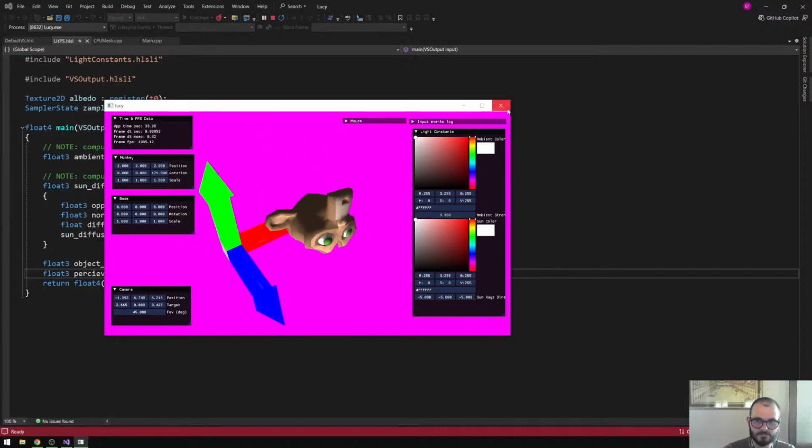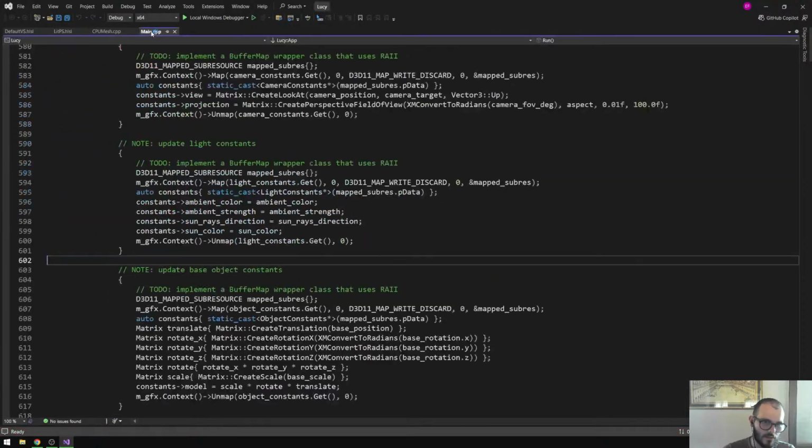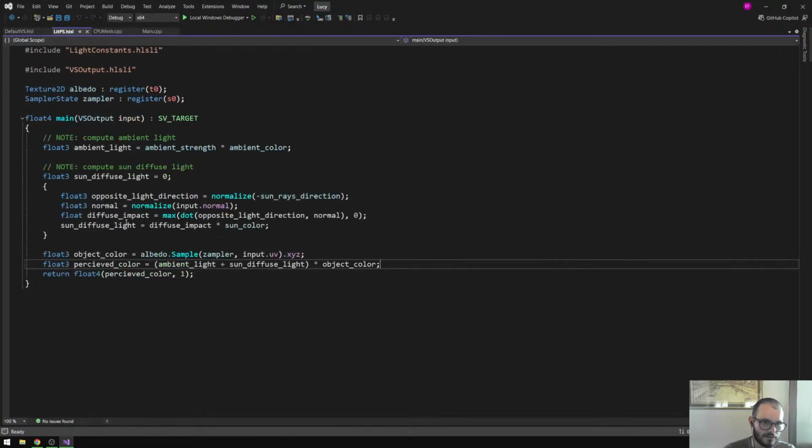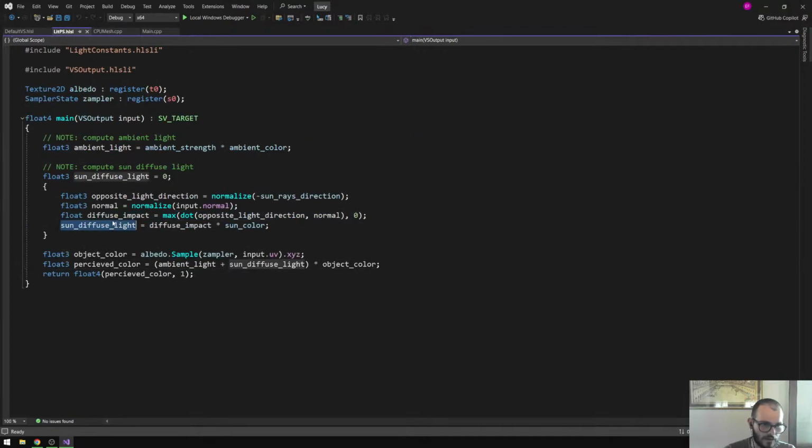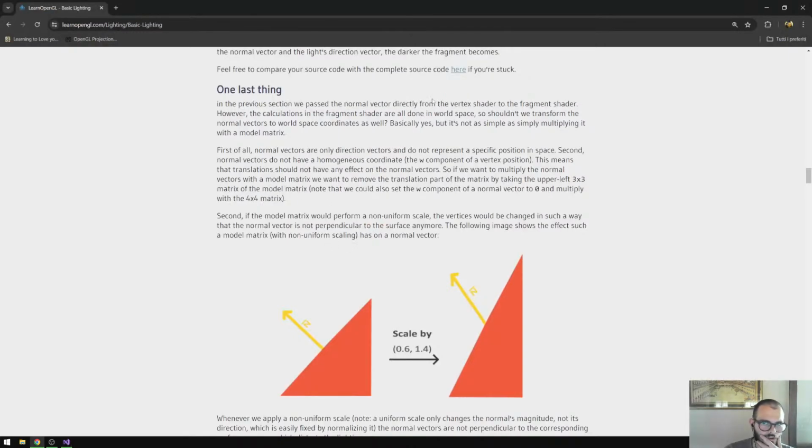That's the problem, because we are using our normals in model space, while we are doing our calculation in world space. So we need to transform the normals.